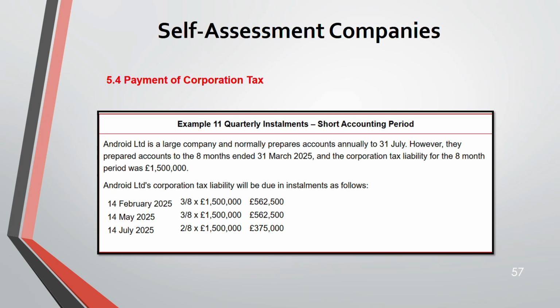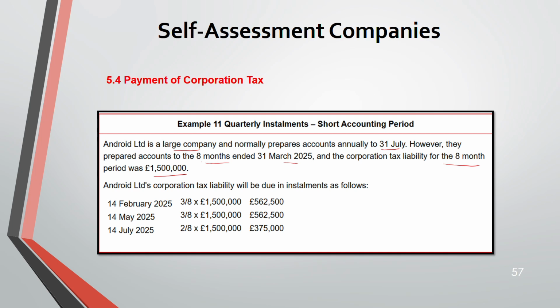Now, example 11. This is for a short accounting period. It's a large company, prepares accounts to 31st July. 8 months, to 31st March 2025. So for 8 months, 1.5 million is the corporation tax liability.